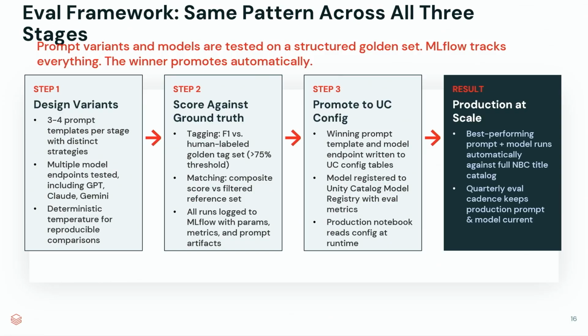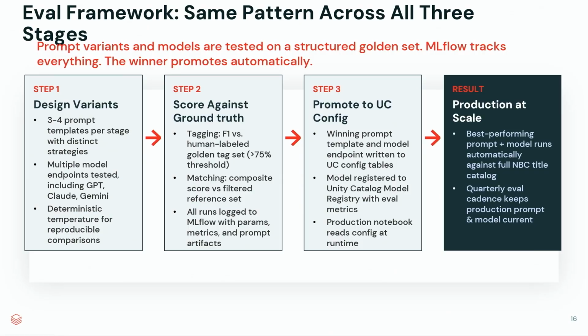So we have different prompts within each bucket, and the prompts are designed to extract the structure that we want from the signals that we have in each bucket. We'll then test each of those prompt variants against a set of foundation models. So we might have 3 to 4 prompt variants, and we'll test those against 3 to 4 models.